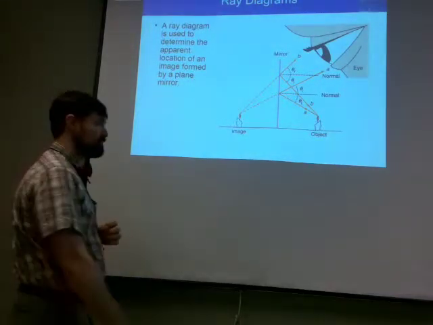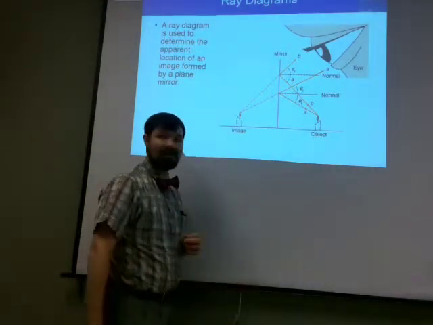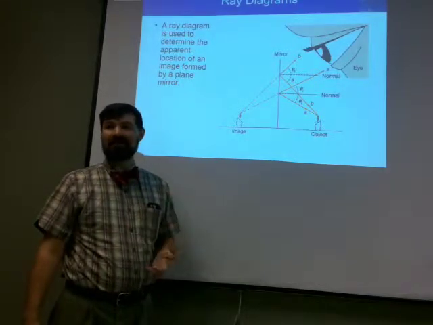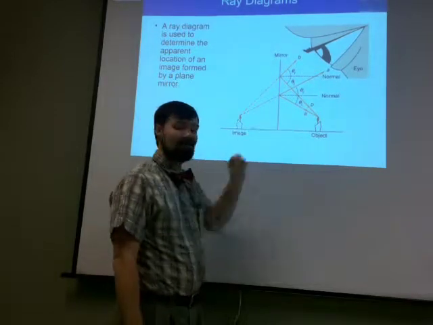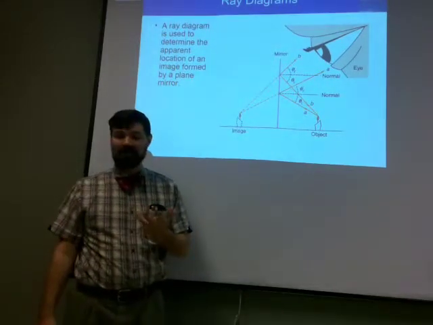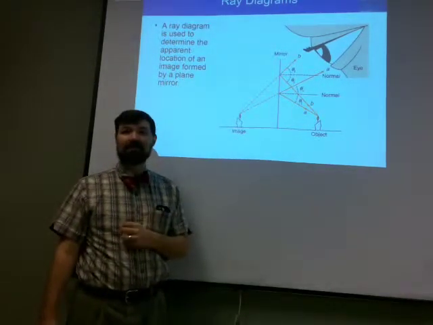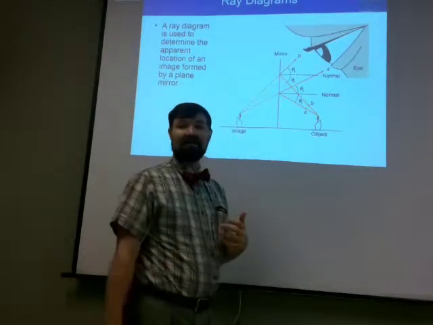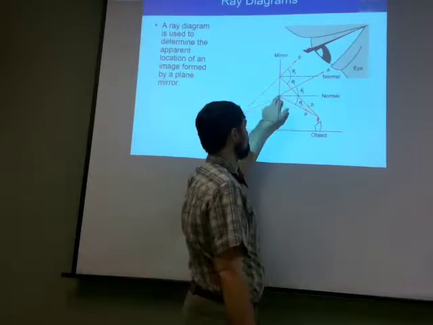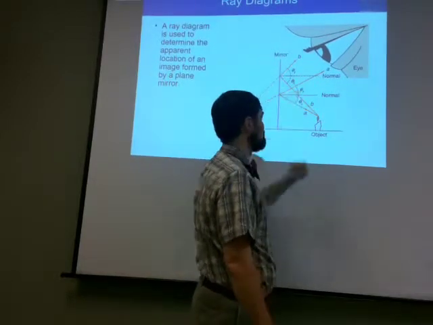And what you do is you just draw 2 or 3 rays leaving from some point on the object that you want to image. You have them hit or interact with your optical element, in this case your mirror. So they hit it, they have to obey the law of reflection. So this one reflects like this, one reflects like this.